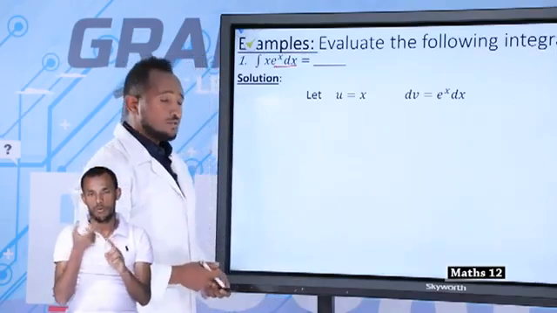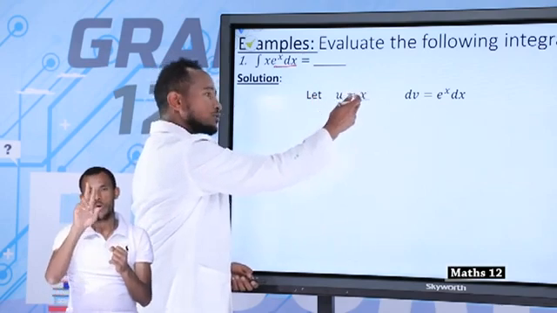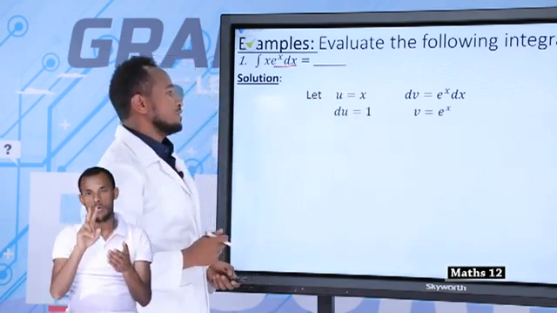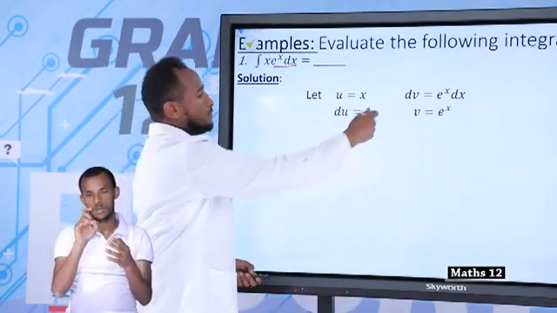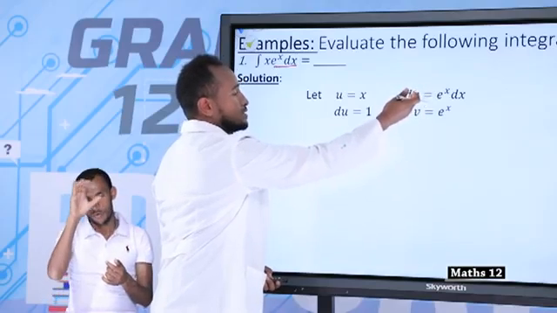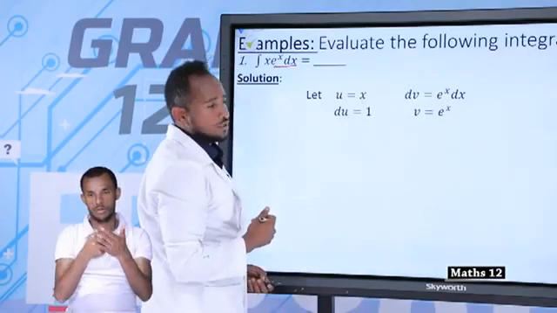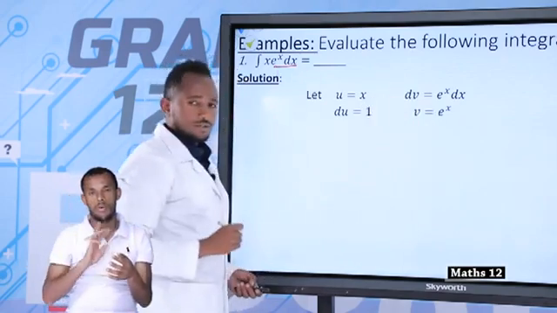From this you can find du. du is the derivative of this expression. The derivative of x is 1. And from dv, you can find v, that is the integral of e raised to x dx, which is e raised to x itself. So we have found this.